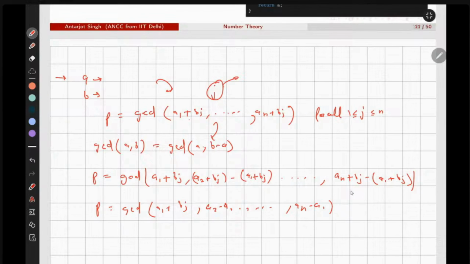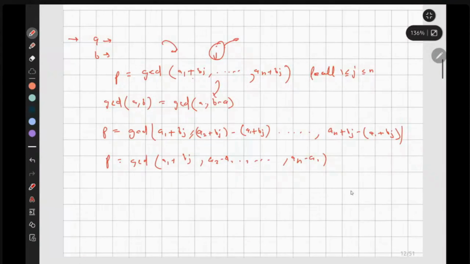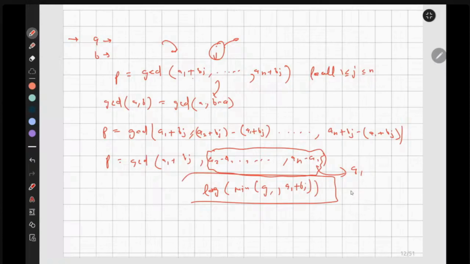So the problem was made quite a lot simpler, right? If we compute the GCD of these differences, let's say this is G1, we can get the answer using only one operation with A1 plus Bj, which would be log of the min of these values. So for per query, we are getting this time complexity.